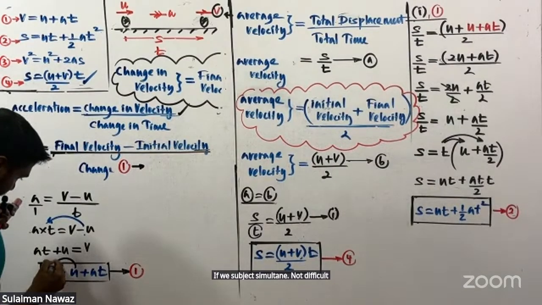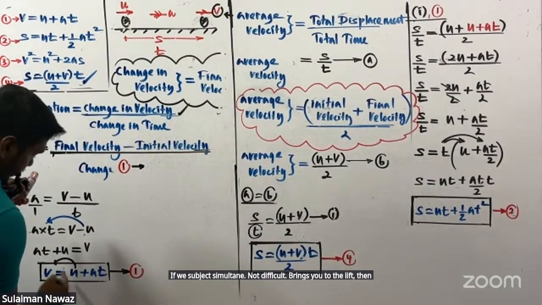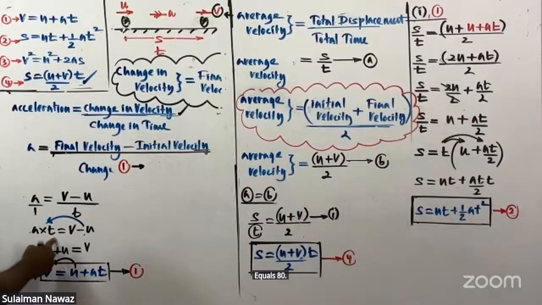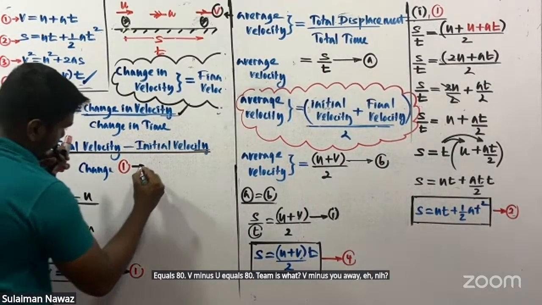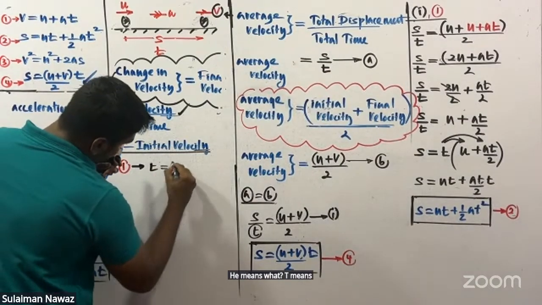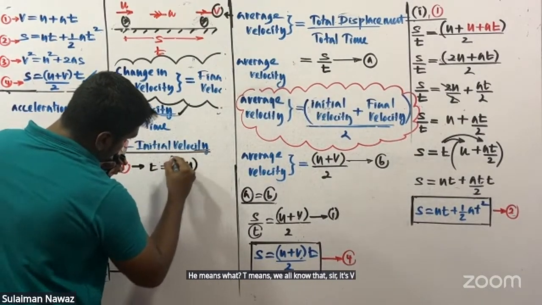Bring this U to the left. Then V minus U equals AT. T means V minus U over A. We all know that, T equals V minus U over A.